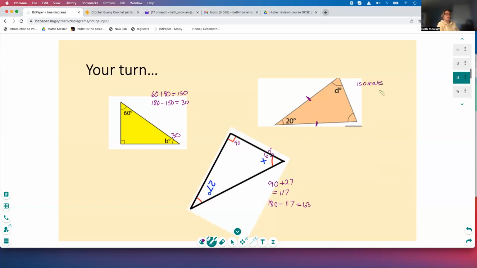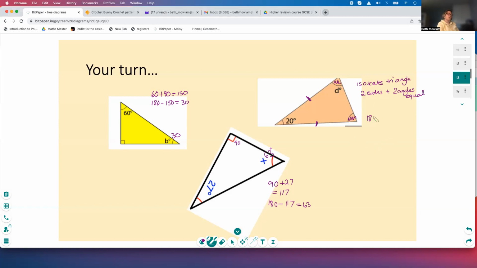So an isosceles triangle has two sides the same and two angles the same. So what that tells me is the two angles at the bottom of the sides are the same. So this angle here and this angle here are equal.